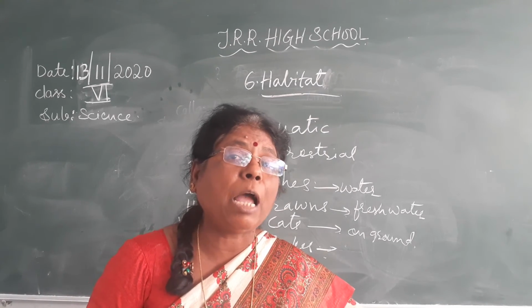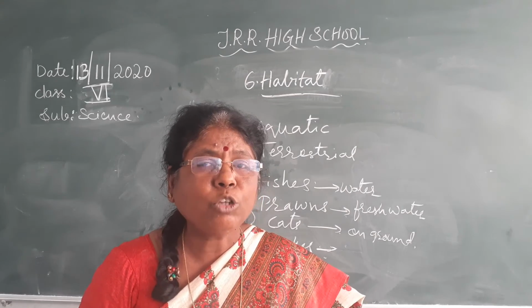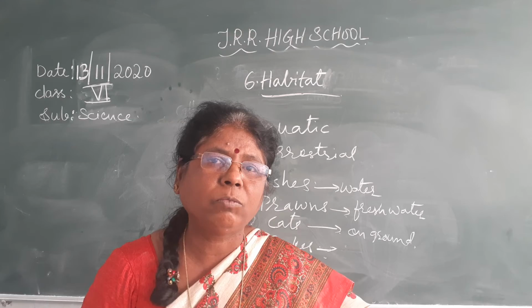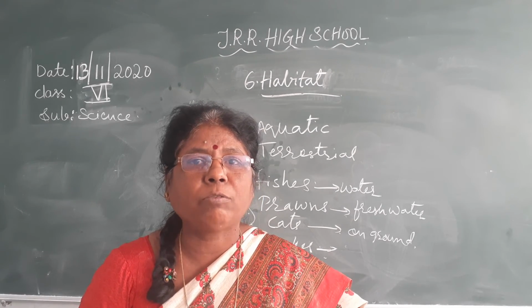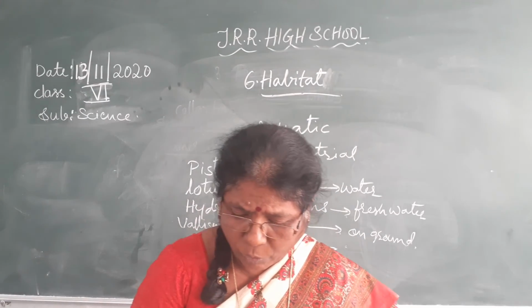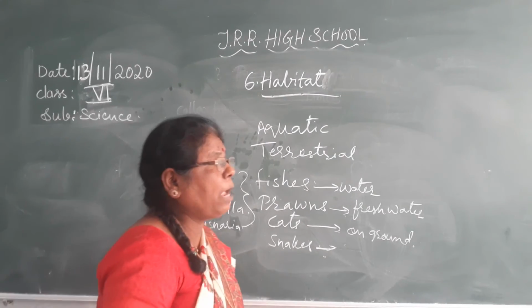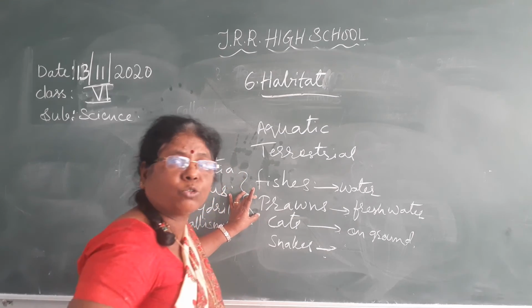So what is the habitat of the penguins? In the cold regions only they live. So fishes, can you take them out and keep them on the land? They will die. The gills dry up. They cannot survive. So water is a habitat for these animals which live in the water. Pond is a habitat for fishes, pond is a habitat for prawns also.